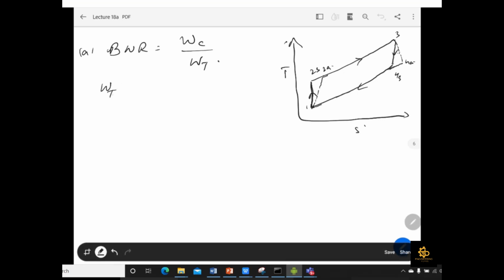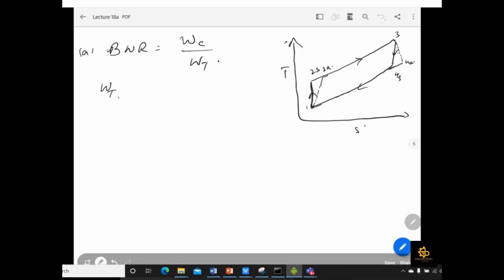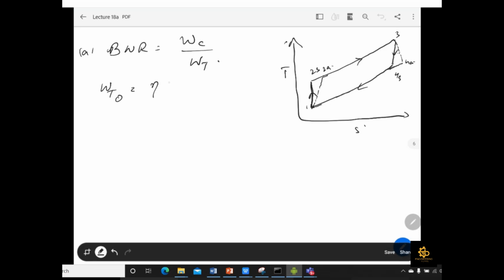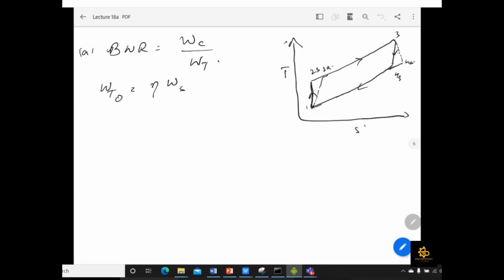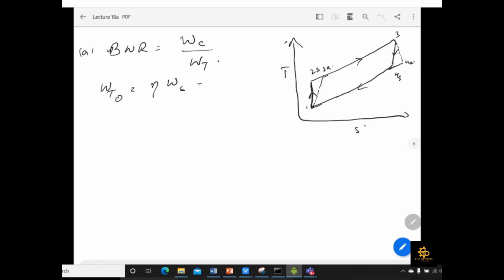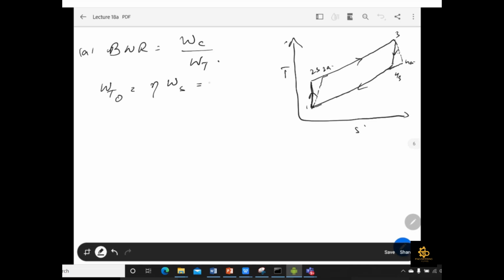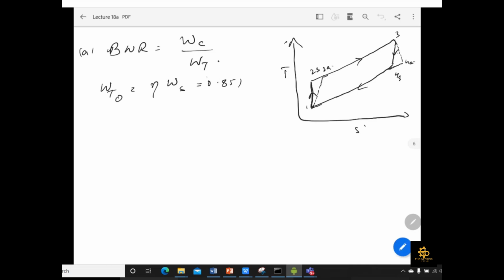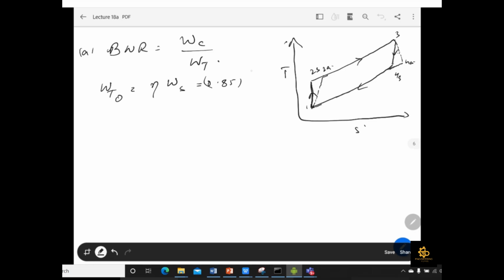So first we have to find the actual turbine work, which is the turbine out. We simply use the relation which we already saw in the previous slide: the isentropic efficiency of the turbine and WS. WS is the isentropic work which we already found in example 9-5, so we are using some data from the previous example. The isentropic efficiency is given in your question as 0.85, and WS we found in the previous lecture is 606 point.